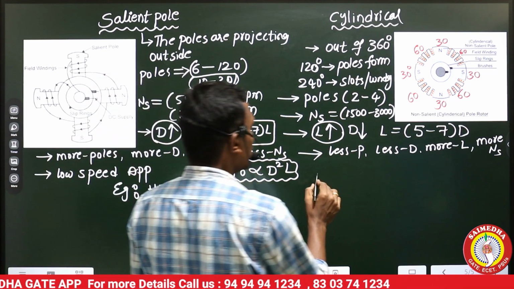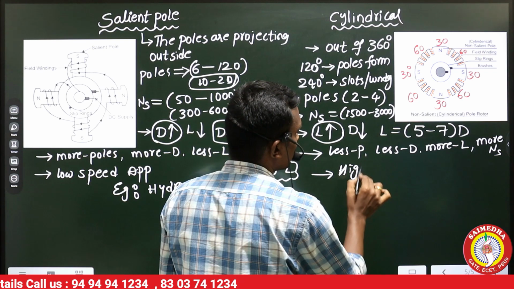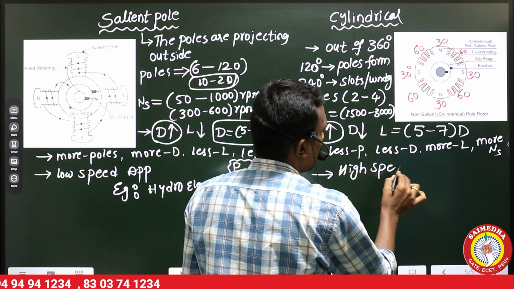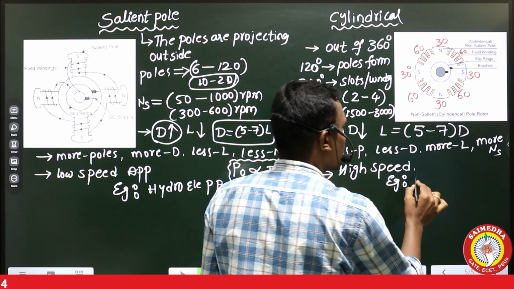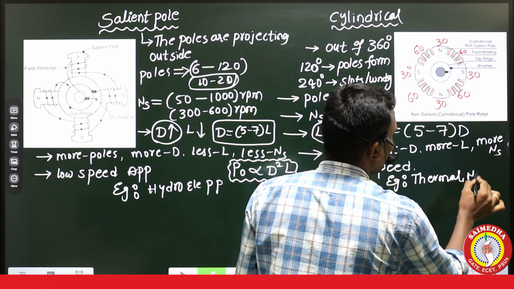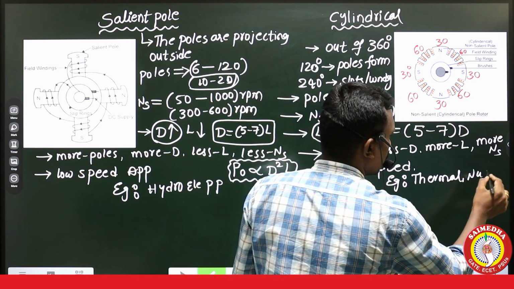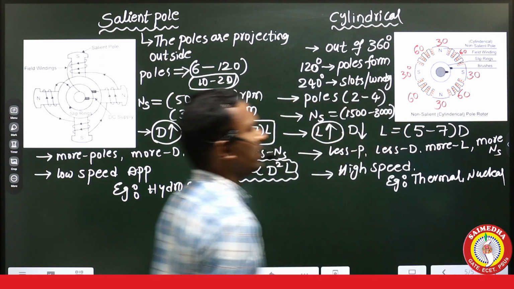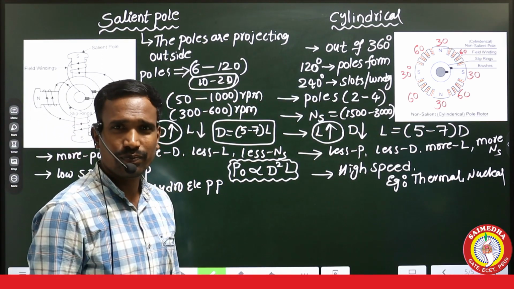When coming to here, what can we say? High speed applications. Can you tell me an example for this? We can use it in thermal and nuclear power plants. In thermal and nuclear power plants, we are using the cylindrical type or non-salient pole type.